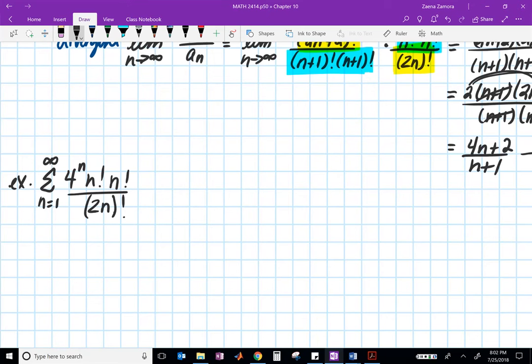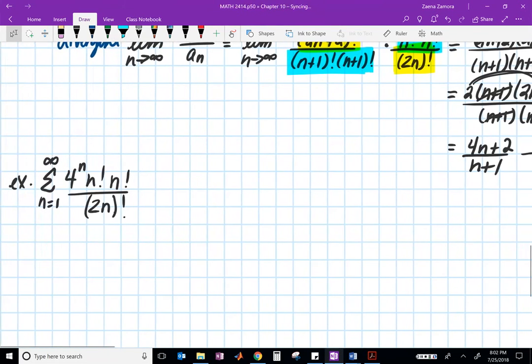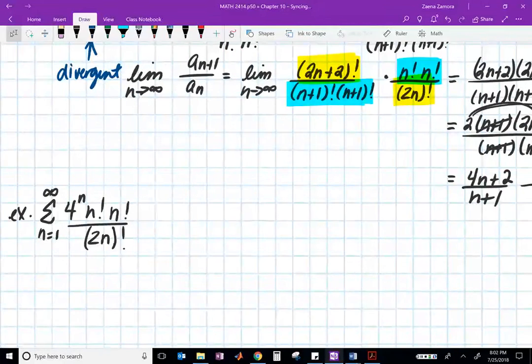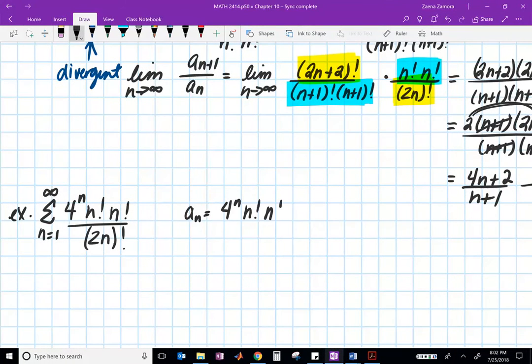So we're going to see if this one converges or diverges. All right, so my a sub n is 4 to the n times n factorial divided by 2n factorial.